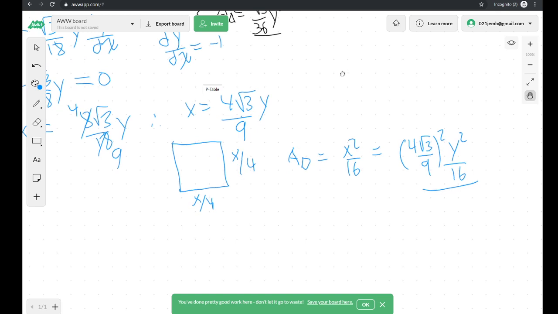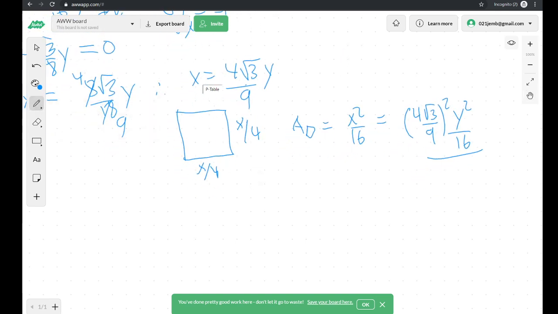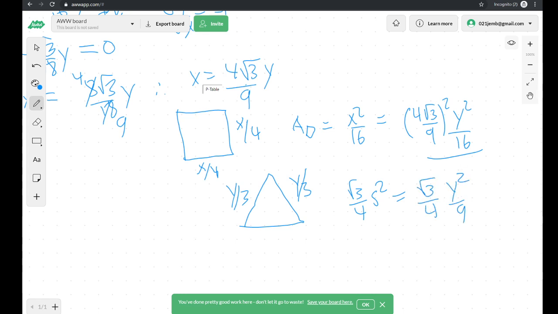Now the maximum area for the equilateral triangle, since we found that each side is y over 3, y divided by 3 is each side, and the area of the equilateral triangle is radical 3 over 4 s squared. So we have radical 3 over 4 times y squared over 9.